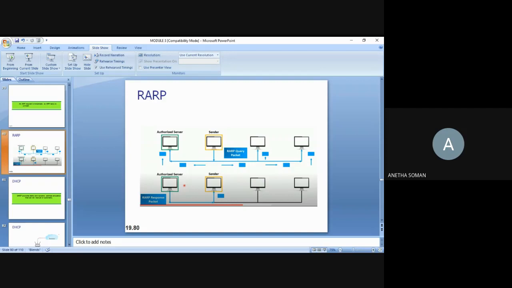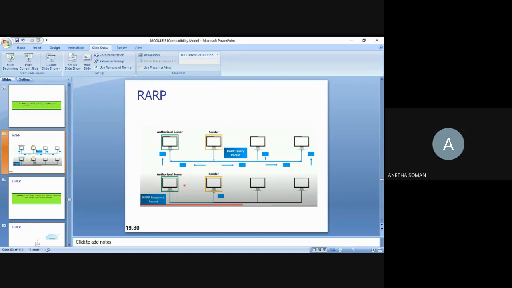The packet is processed by all the hosts, and only the host which can provide the RARP service will respond. That host is called the RARP server, and it replies directly with a response packet. That response packet contains the logical address for the sender.